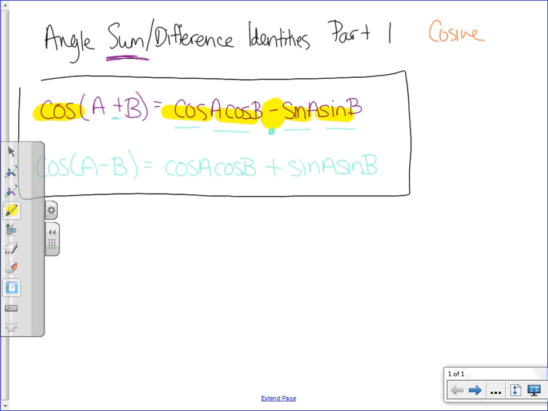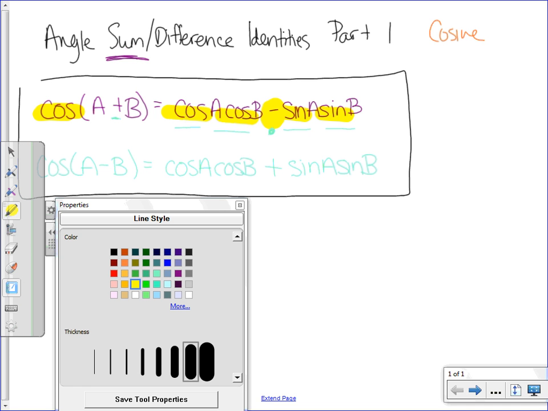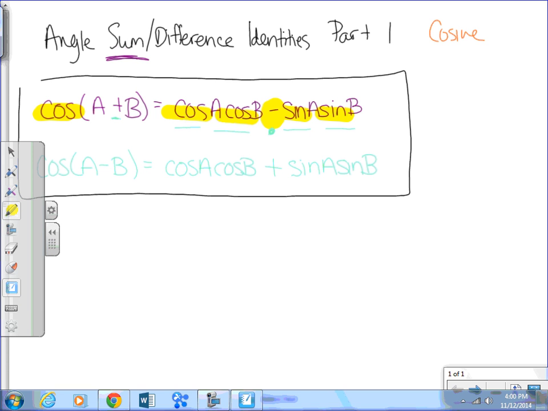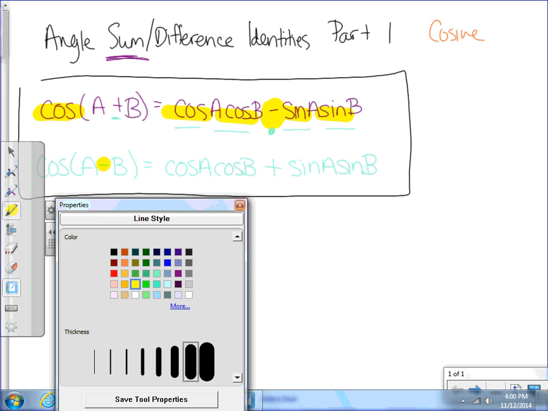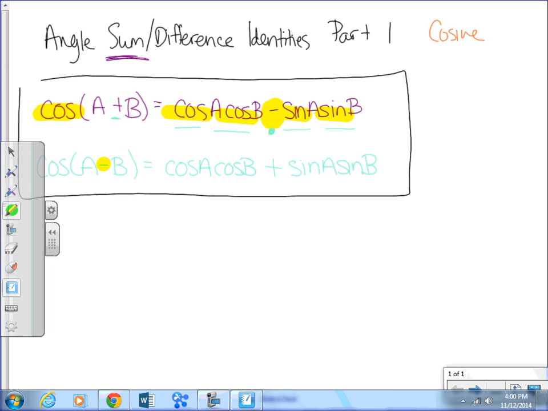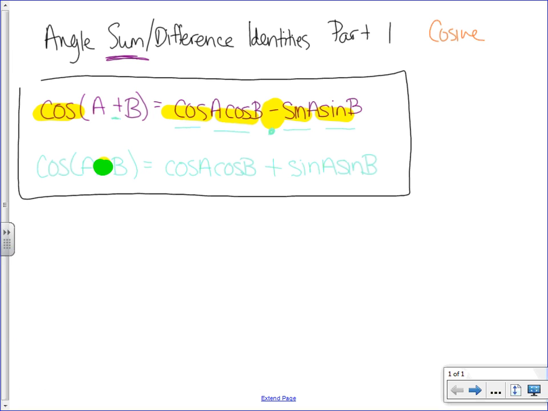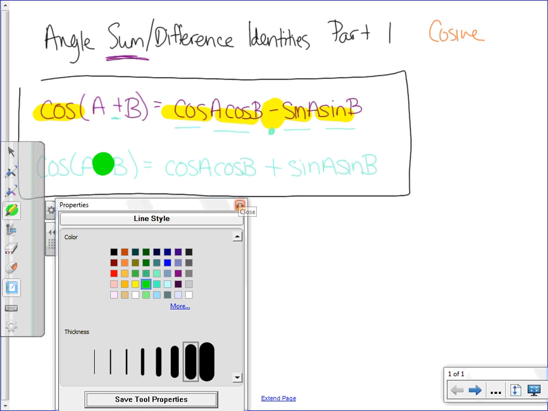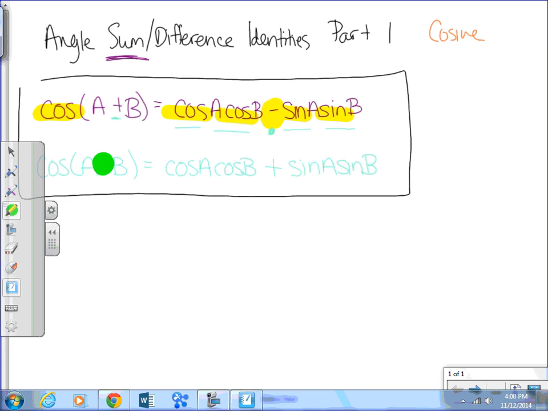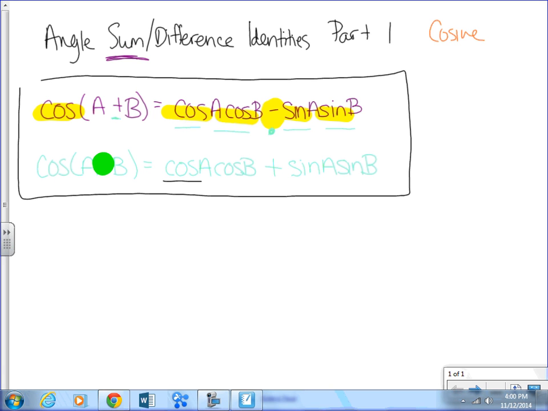The same thing happens for the second one. Since we're starting with a minus, cosine A minus B, we're still going to do cosine, cosine, change the sign.